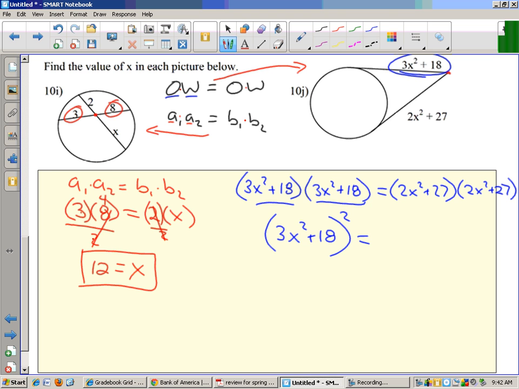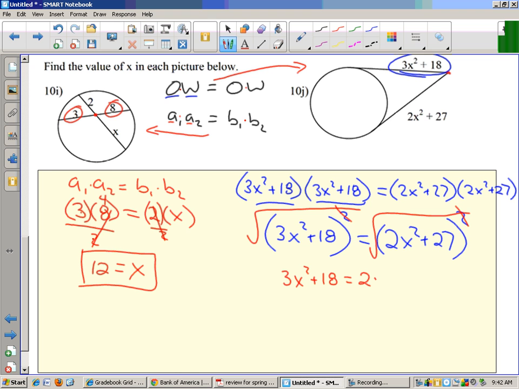And what about the next one? 2x squared plus 27 squared. Since both of these things are squared, I can take the square root of both sides. And I just end up getting 3x squared plus 18 equals 2x squared plus 27.